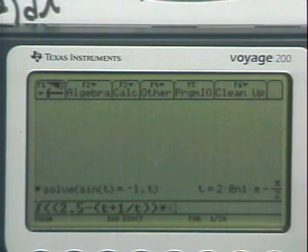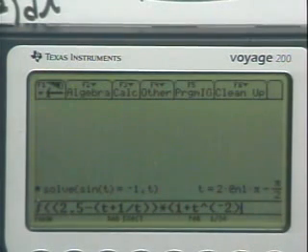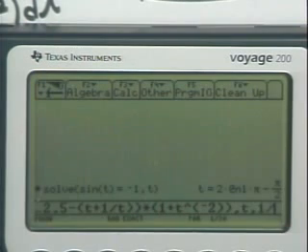I'm going to put in my times sign because I know this calculator. And that was times the quantity 1 plus t raised to the negative 2 power. And I want to integrate that with respect to t, and I want to go from 1/2 all the way to 2.